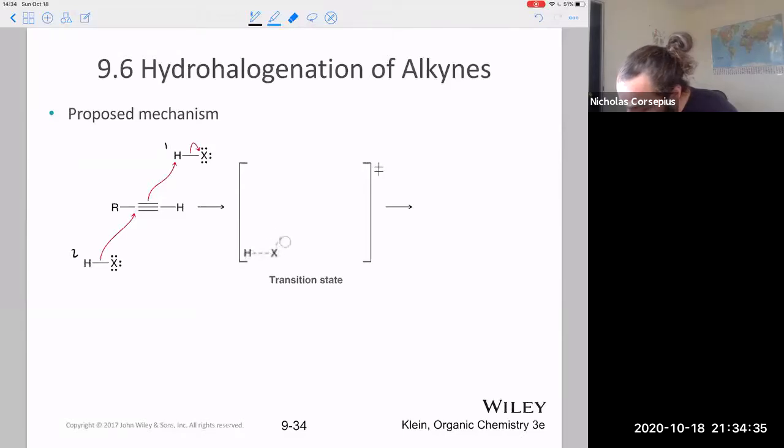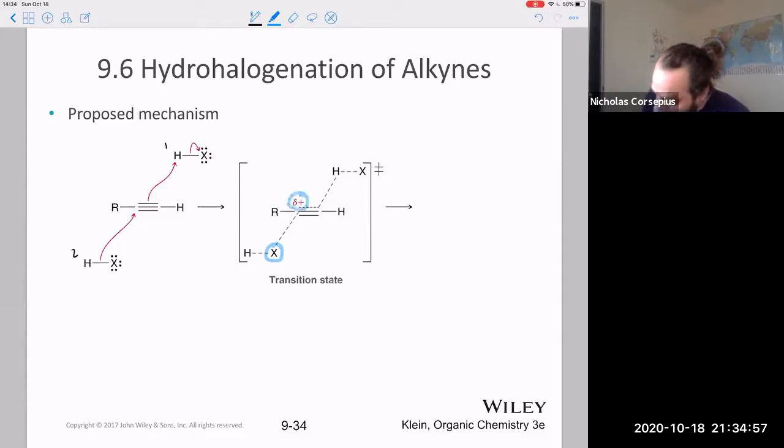So this isn't an intermediate, but rather a transition state where we have bonds that are half broken and half formed. Notice that the reason we have a Markovnikov addition, with the halogen being added to the more highly substituted carbon, is because this is the most stable transition state, because we have a partial positive charge on the carbon.